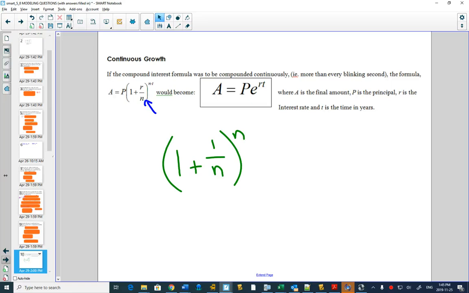Next to nothing. And the bigger that n gets, the closer this gets to 0. Does that make sense? So if n was really, really big, the inside of the brackets should be really, really close to 1. Agreed?